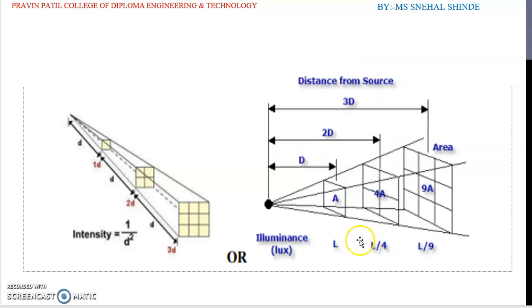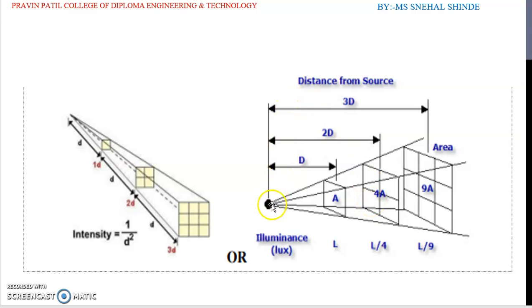Again here is another figure. Here this is the point source, illuminance lux L, L by 4, L by 9. Area of the planes is given here as 4a and 9a. So first distance is d, second distance is 2d from the point source to the 4a plane.